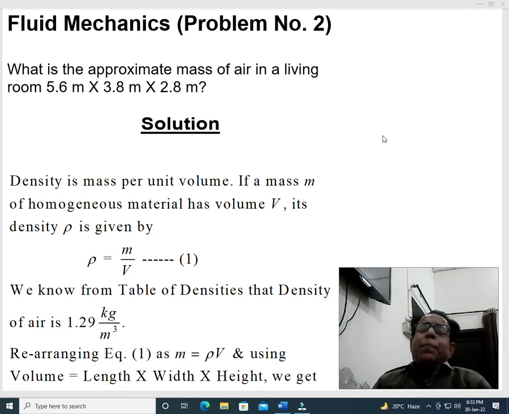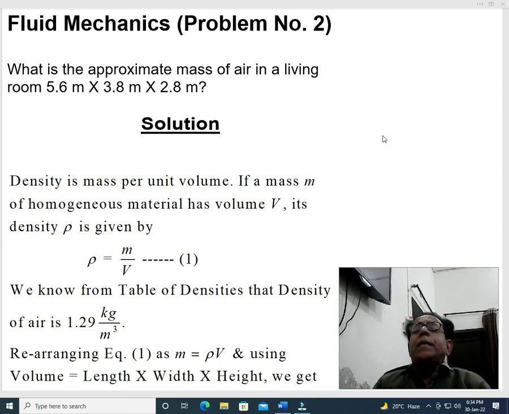Density is mass per unit volume. This is the definition of density. Now we are going to give the mathematical expression for density.